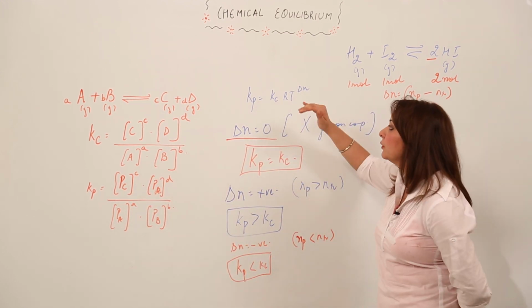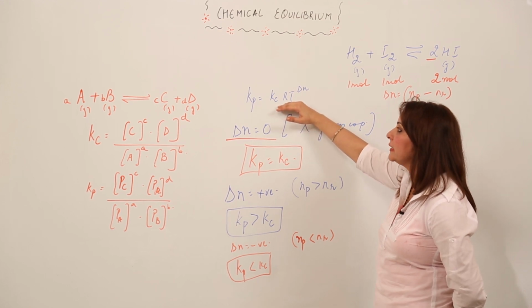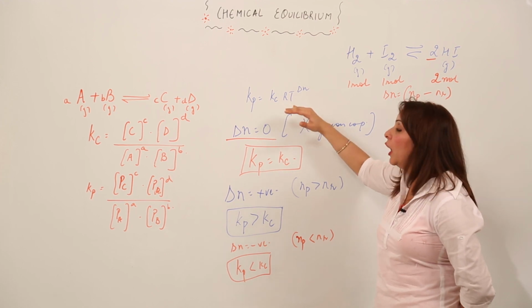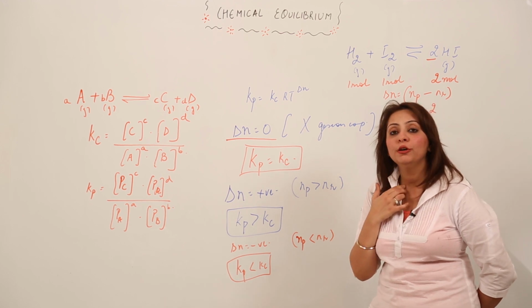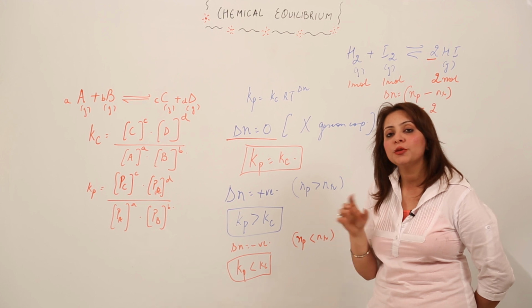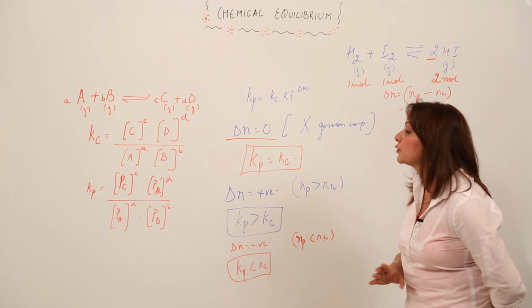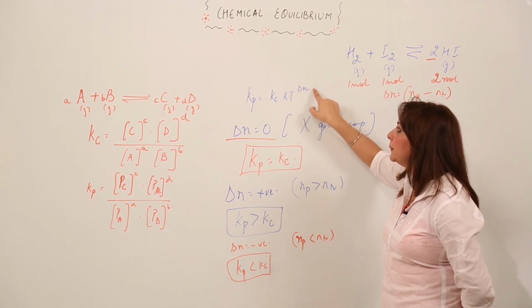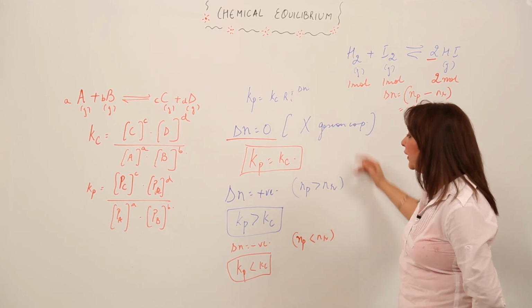And we derived the relation between Kp and Kc, which comes out to be Kp is equal to Kc (RT) to the power delta N. How we did it in a previous lecture: by putting the value of P, from the ideal gas equation PV equal to nRT, P is equal to CRT. So you know how I derived this relation. So we derived Kp equals Kc (RT)^delta N, where delta N specifies the change in number of gaseous moles.